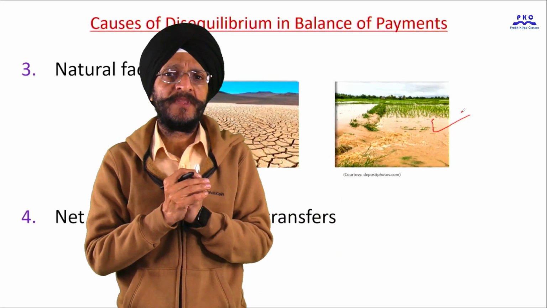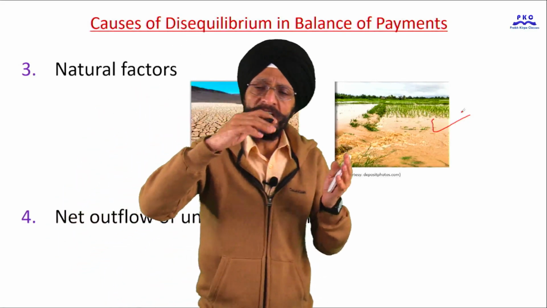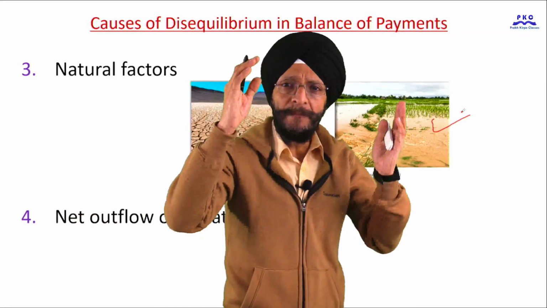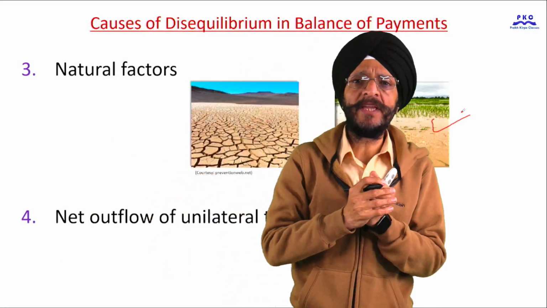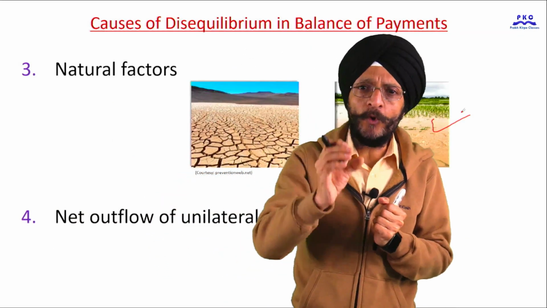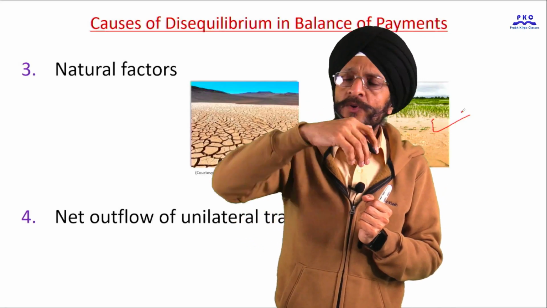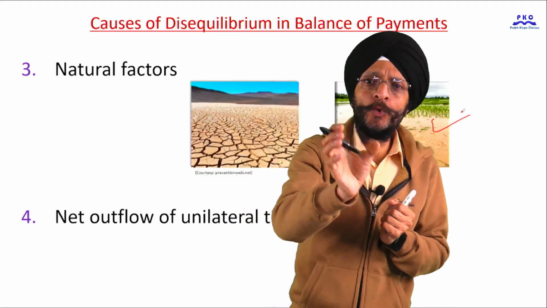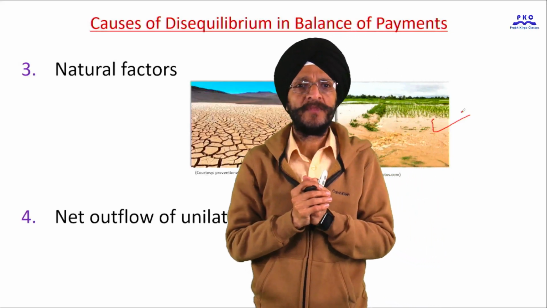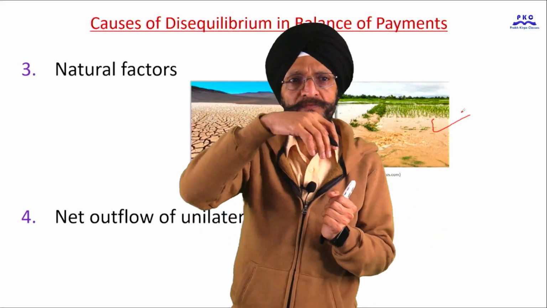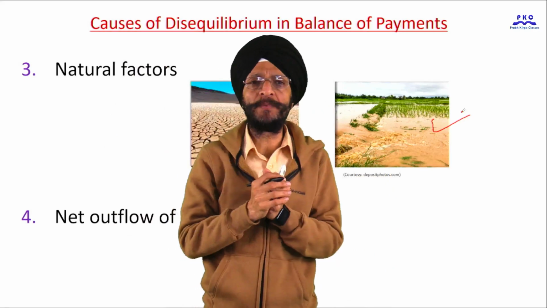affected. When the exports are severely affected, the country may or may not be able to export anything to the rest of the world during that particular year. So it may result into disequilibrium in balance of payments.